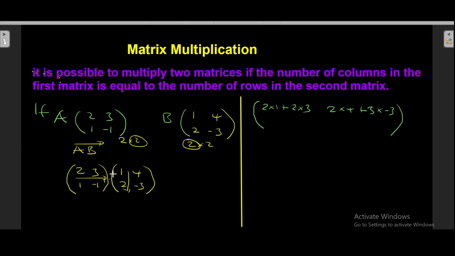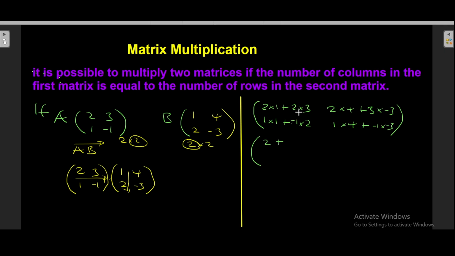The next one, 1 times 1 plus -1 times 2. Then the next one, 1 times 4 plus -1 times -3.